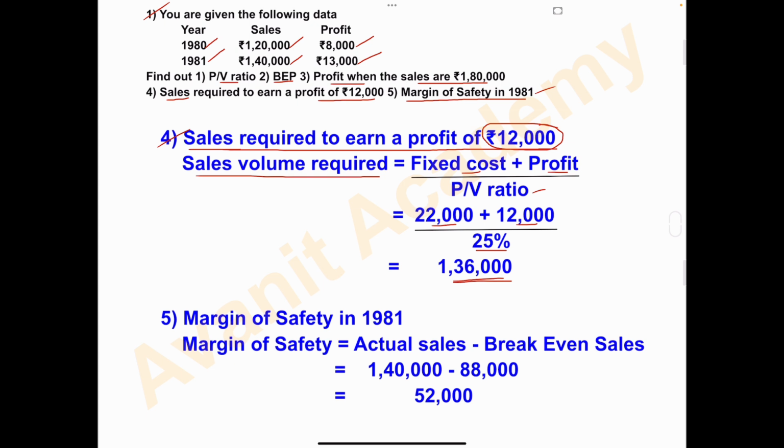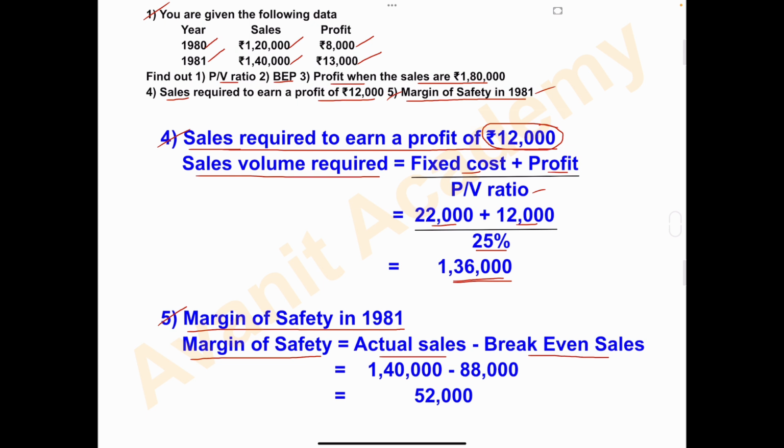Next is the last one, margin of safety in 1981. Fifth point, margin of safety in 1981. The formula to calculate margin of safety is actual sales minus break-even sales.